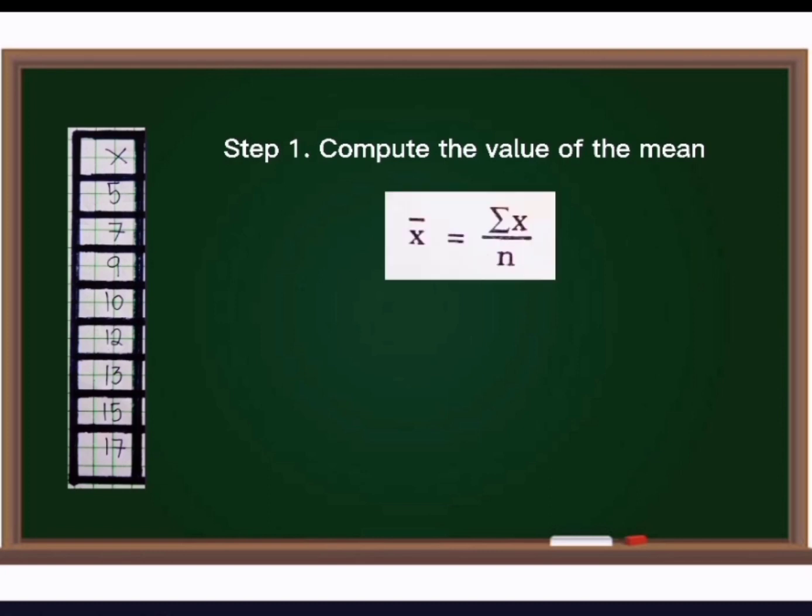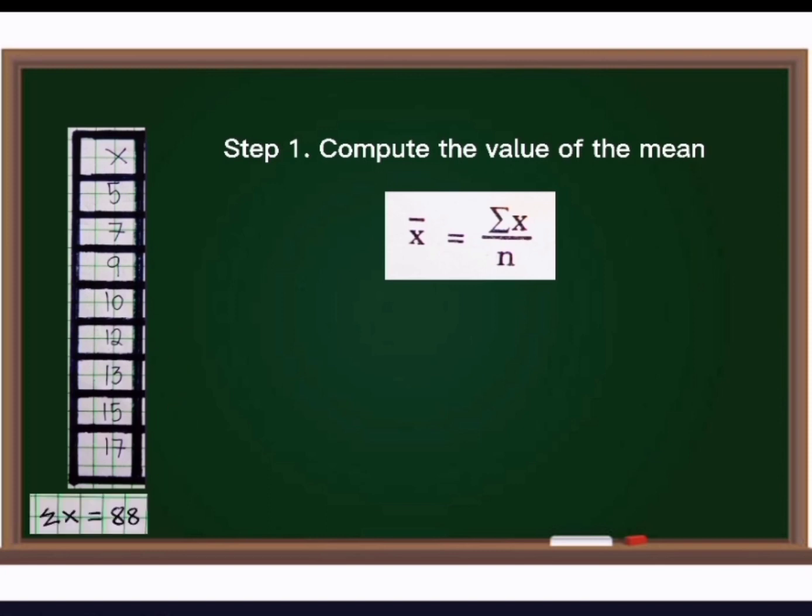Using this formula, x bar is equal to summation of x over n, where x bar is the mean of the distribution, x represents the individual values in the distribution, and n is the sample size. To find the summation of x, we should add all the values of x, which are 5, 7, 9, 10, 12, 13, 15, and 17.